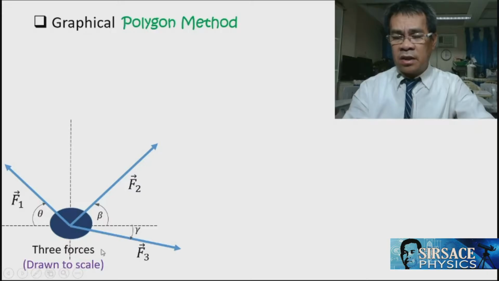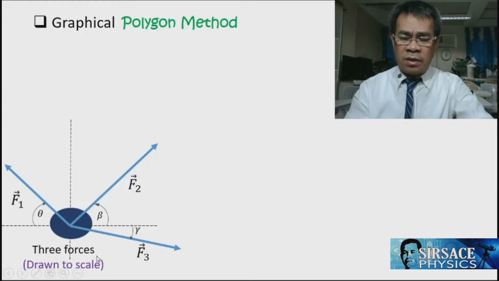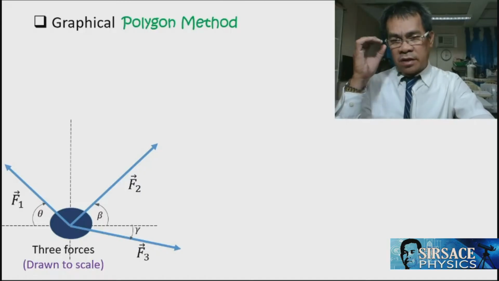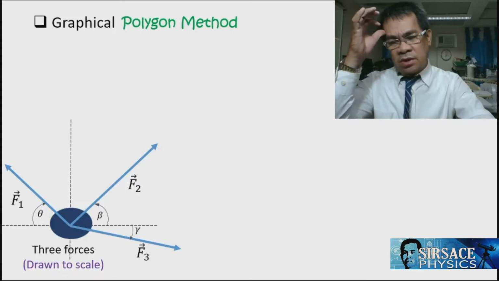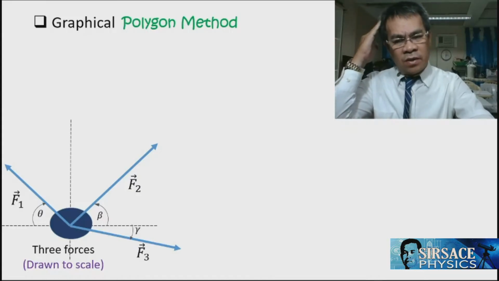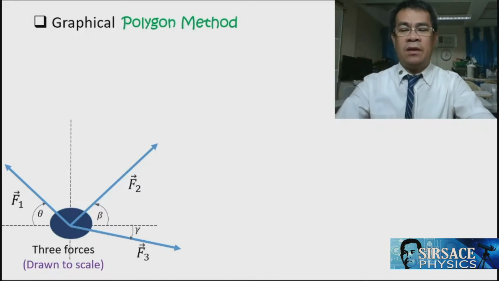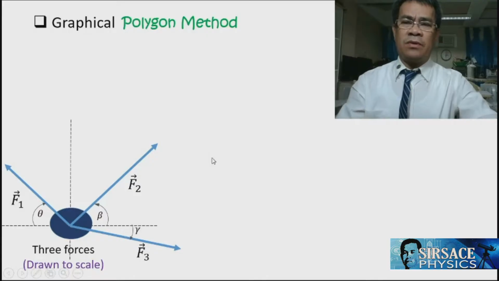Now take note that this is graphical, so you have to draw to scale, which means again you need a protractor for the direction or the angle, and a triangular scale or ruler for the magnitude. Since this is graphical, we need to have the scale so that your drawing will be drawn to scale.